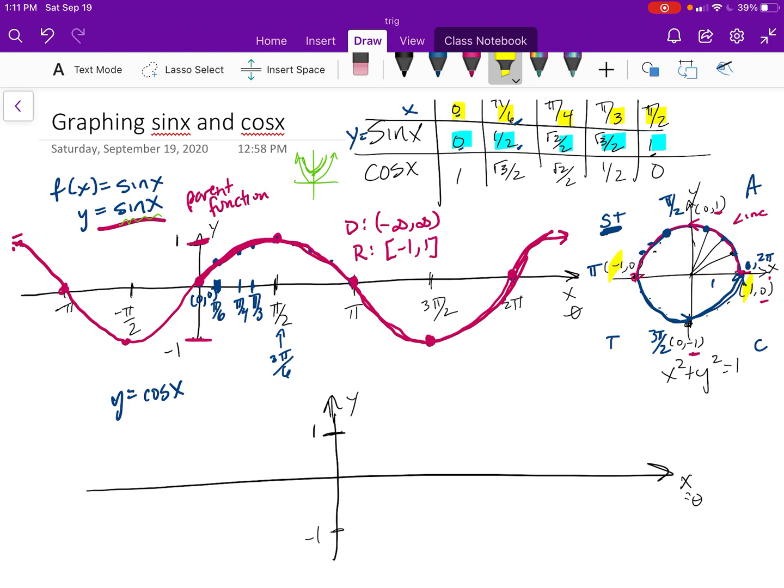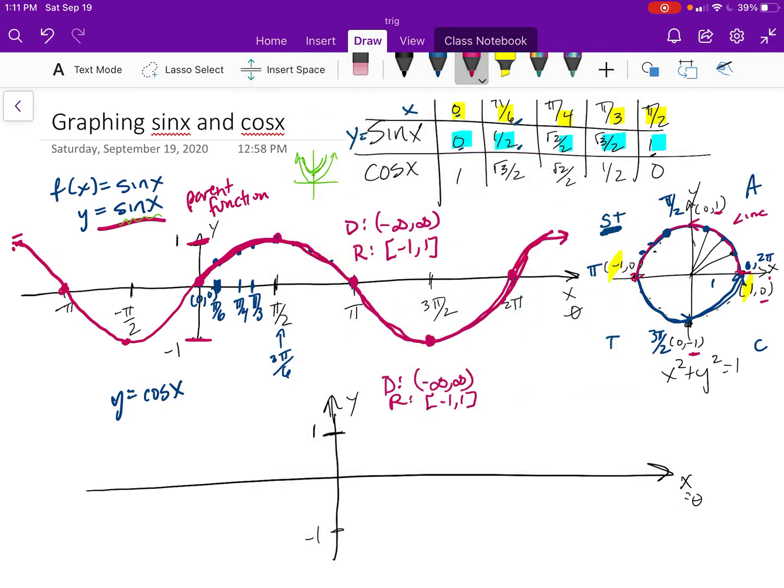But the angle, just like sine, can be anything. So already I know that the domain is negative infinity to infinity, and the range is -1 to 1, just like sine was.